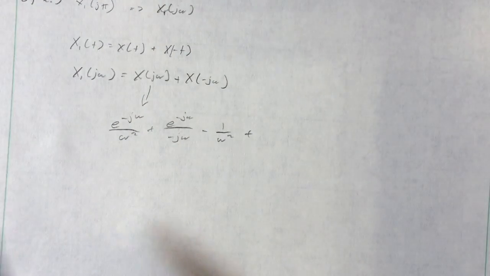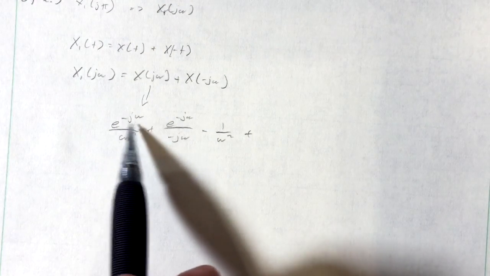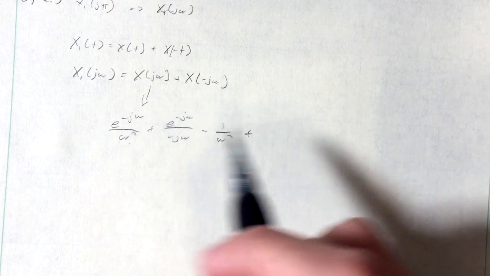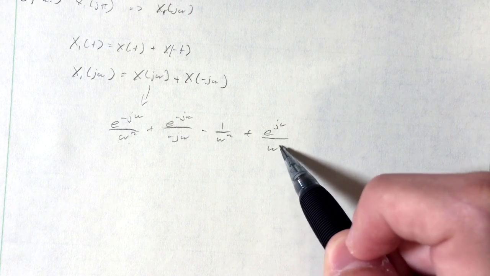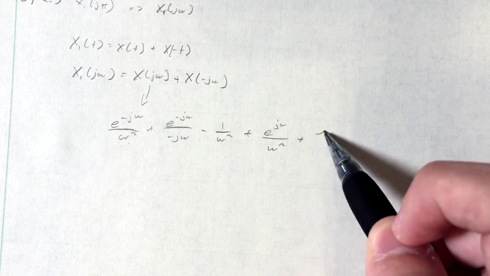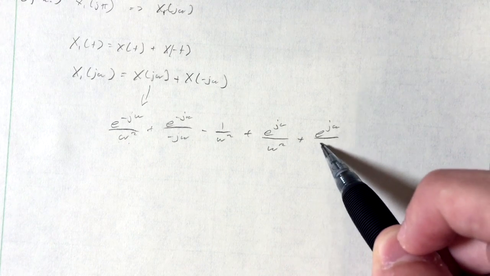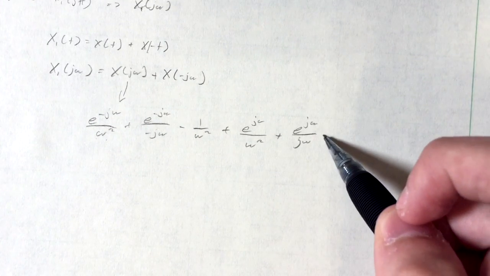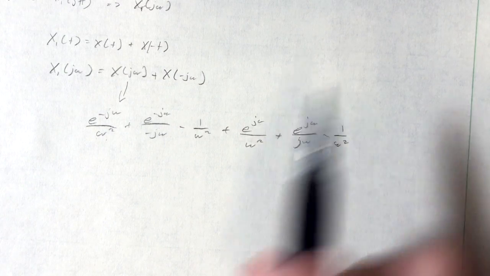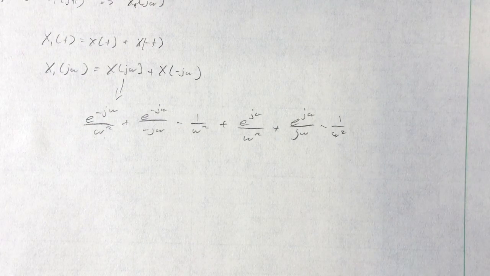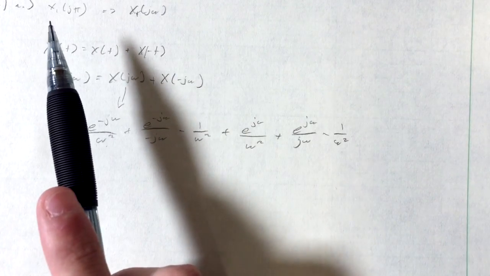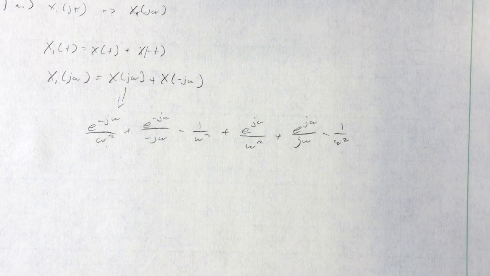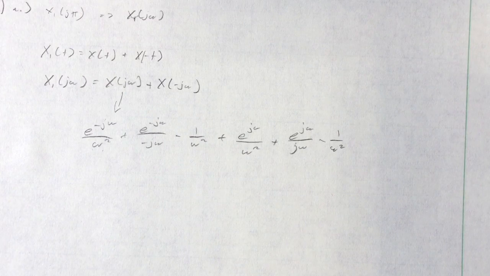Now plus, we replace -jω with jω, so we get e^(jω)/ω² plus e^(jω)/(jω) minus 1/ω². And that is X1(jω). And now we want to find X1(jπ).